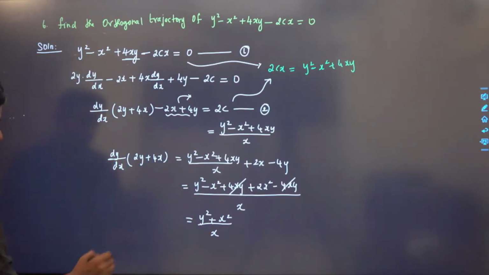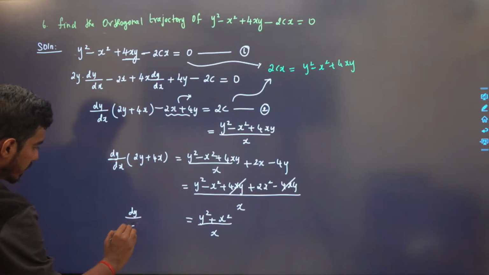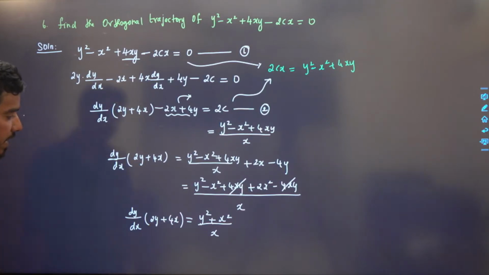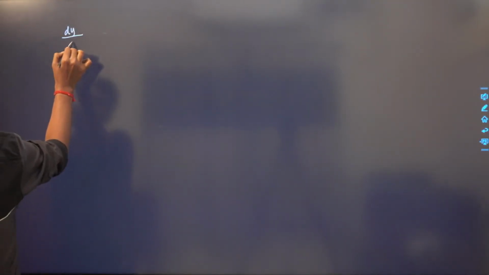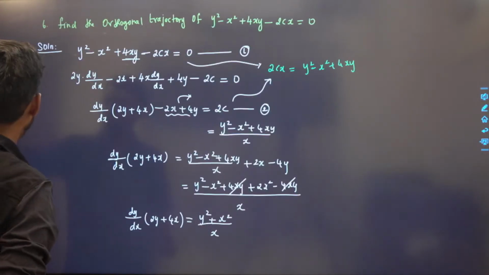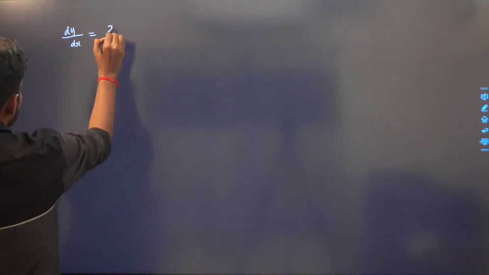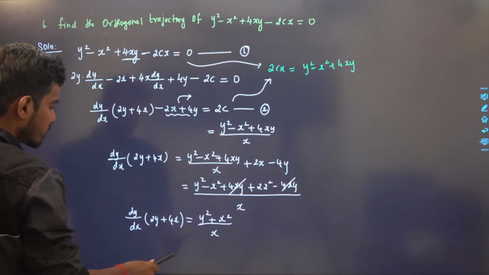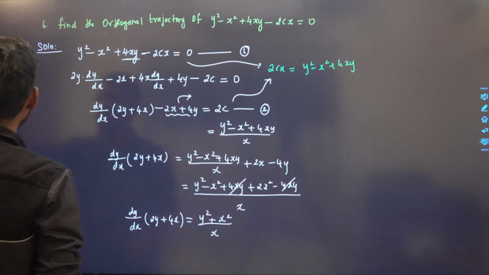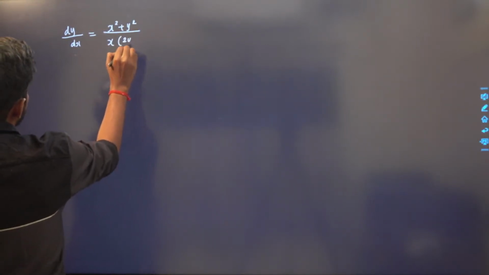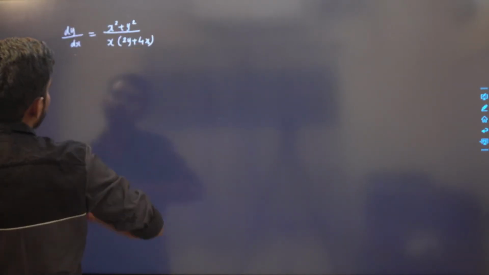So here we have dy by dx times 2y plus 4x. Take this term to this side. So dy by dx is equal to x square plus y square divided by x into 2y plus 4x.